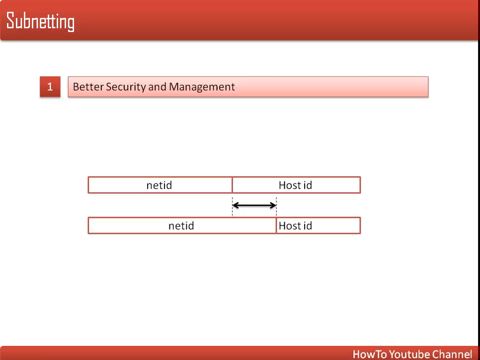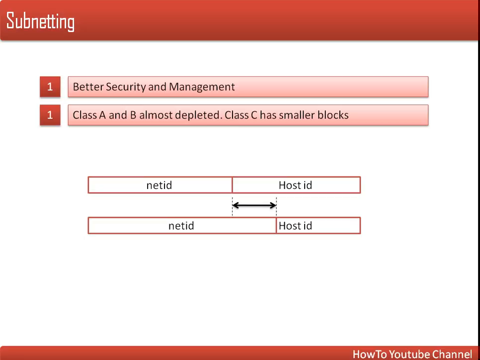Subnetting is better for security and management. We can manage smaller networks better than a large network. As we know, class A and class B are almost depleted, and class C has smaller blocks. So if we want IP addresses for a large number of nodes, we can take multiple class C blocks and use subnetting.